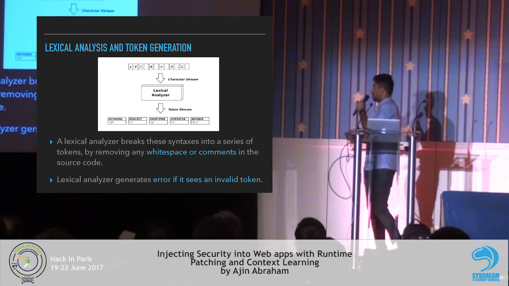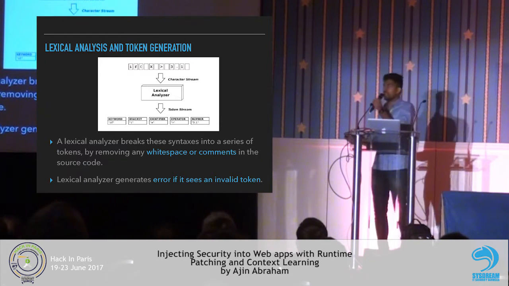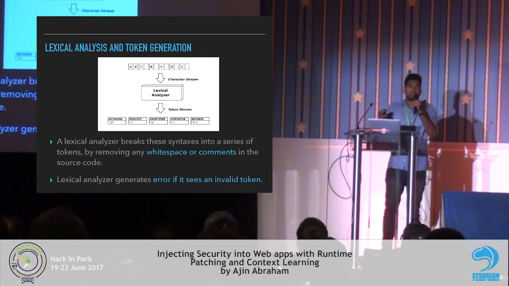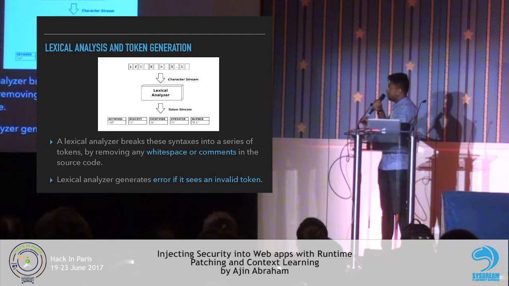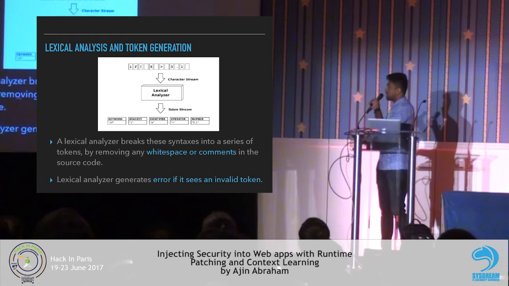It generates tokens. The generic lexical analyzer skips all the white spaces and comments. Also, if it sees a statement which is not in its grammar, it will actually break. I have modified these two things slightly to support this particular concept. The lexer that I have will accept white space and comments.